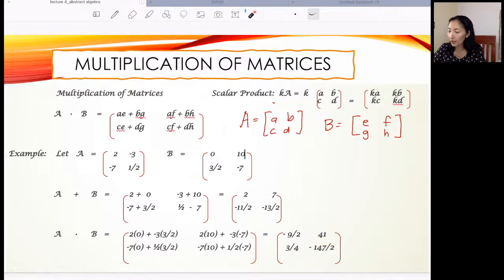Then, second row, negative 7 times 0, 0 plus 1/2 times 3/2 is 3/4, correct. Negative 7 times 10, negative 70, minus 7/2 is negative 147 over 2. So this is the product of the matrices A and B.